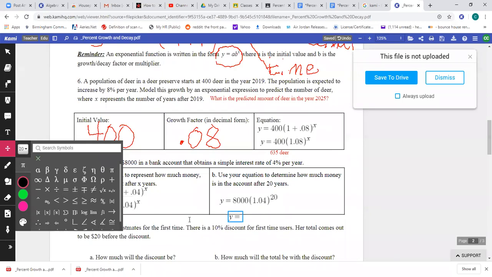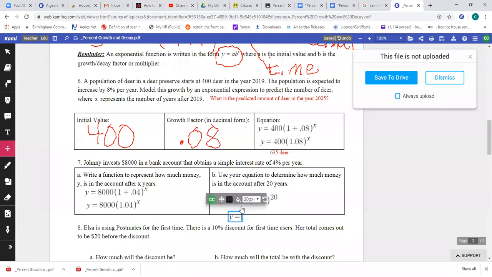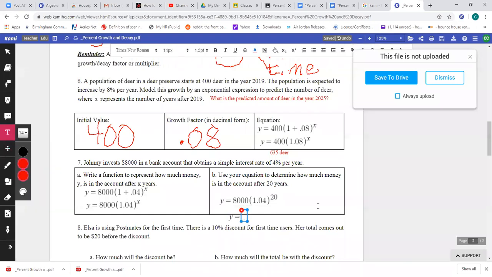Do we just round it up or no? Do we round it up? Yeah, so usually if it's money, what I would do is round it to the nearest cent. So for example, here it's $17,528.99, because the number after the 8 is a 5, so you would round that up to 99 cents.